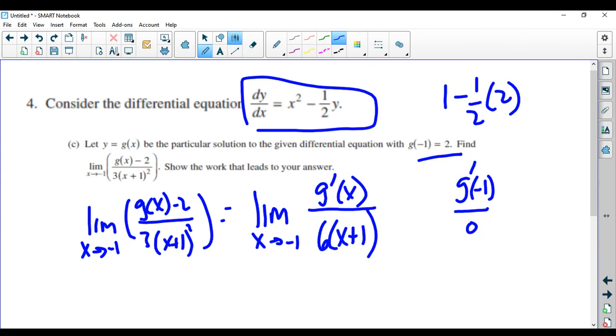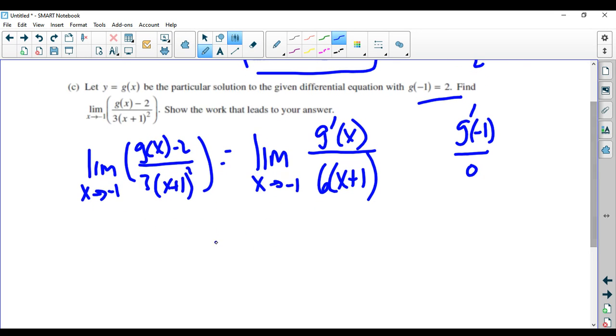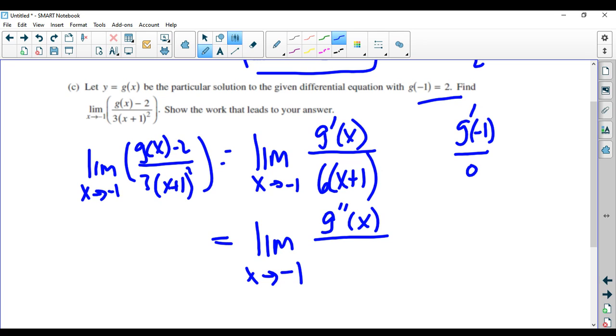So this limit is 0 over 0 again, which means right here, this limit is still equal to the limit as x goes to -1 of, let's take the derivative of again, g double prime of x, second derivative, over the derivative of the bottom, which is 6.